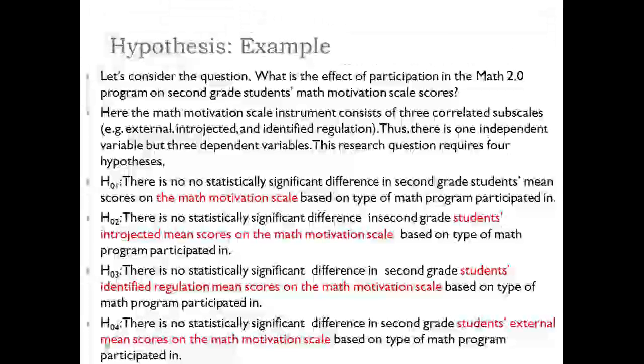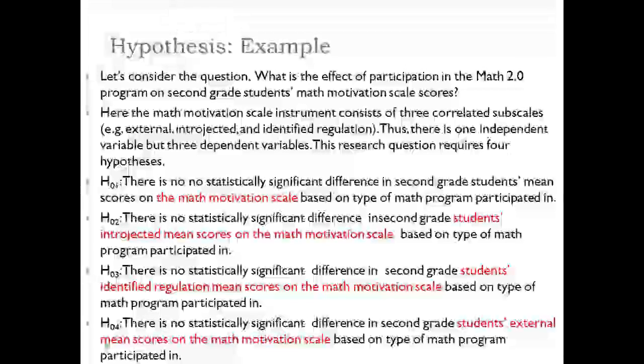This researcher wants to look at all 3 of these dependent variables. So, based on the rule we just discussed, this researcher is going to pose 4 hypotheses. They have 1 research question and 4 hypotheses because they have 3 correlated dependent variables.